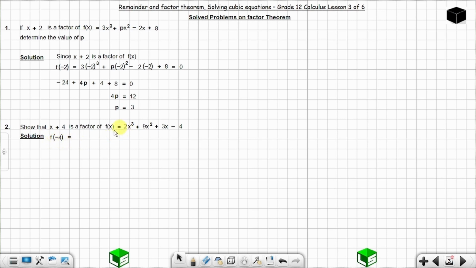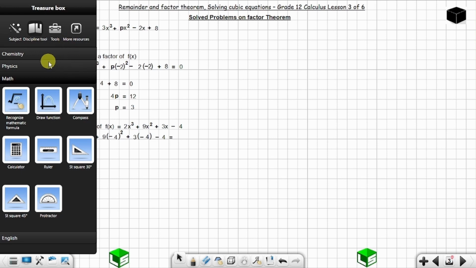This is equal to 2 times x cubed, x is negative 4, you have to the power of 3, plus 9 x squared, x is negative 4 to the power of 2, plus 3x, x is negative 4, and then you have minus 4, or negative 4. This is equal to, plug this in your calculator. I'm going to use my emulator.